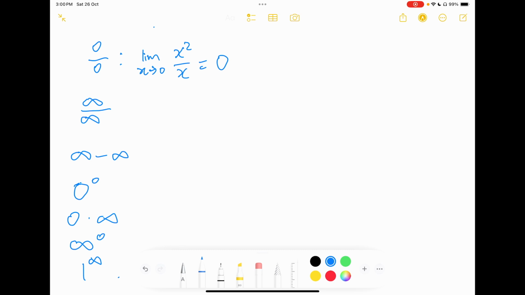So this is quite simple. But there are other examples where it doesn't equal the same thing. So let's say I were to take that again, but flip it, right? Then this would be the same thing as 1 over x, for which we know that there does not exist a limit, right?